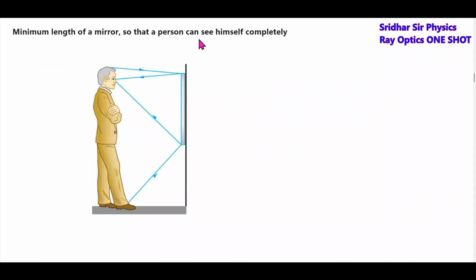Minimum length of a mirror so that a person can see himself completely. Let L be the length of the person. The person is able to visualize himself when he sees his foot and his head through the mirror. Now if the rays emitted by his head, after reflection, enter into the eye, then he will be able to visualize his head.